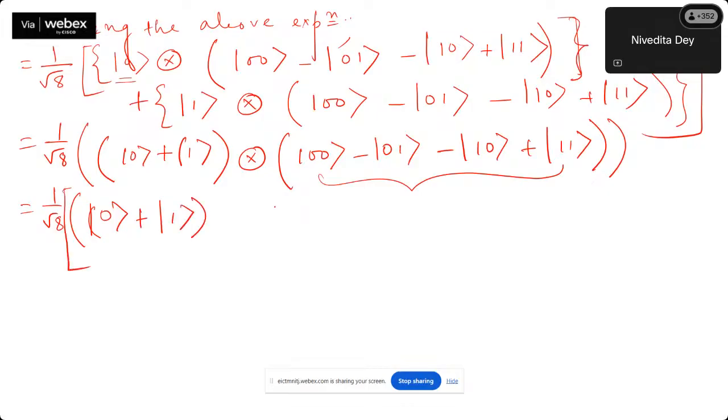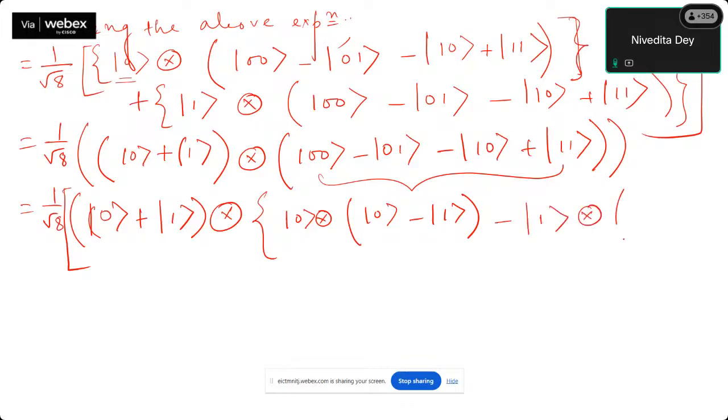Okay, and this one, see what we can take as common, this first 0 and the first one. So take this one and it will be ket 0 minus ket 1, and then this minus 1, take this one as common, it will be ket 0 minus ket 1.